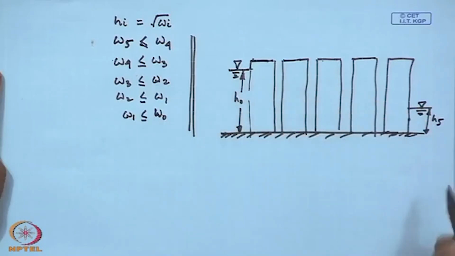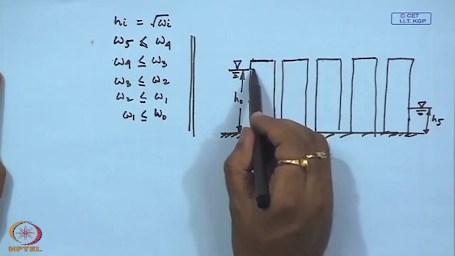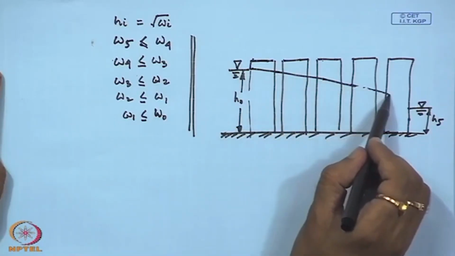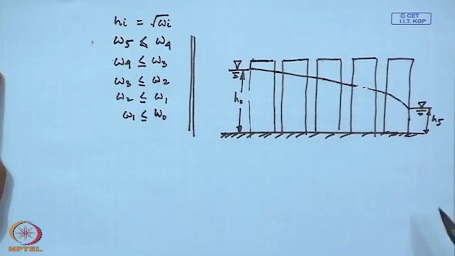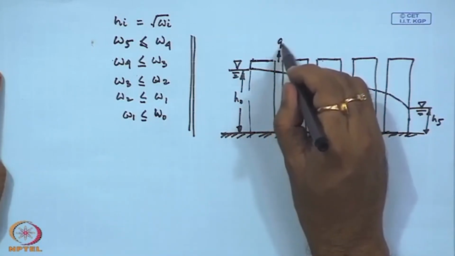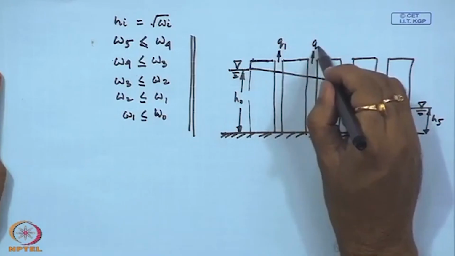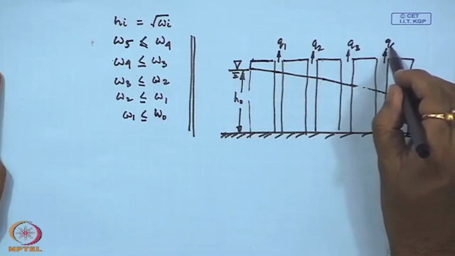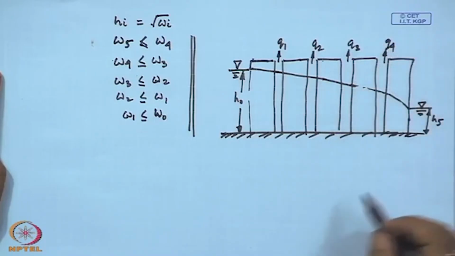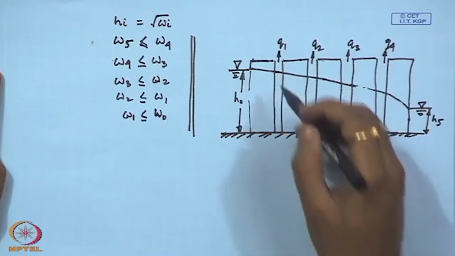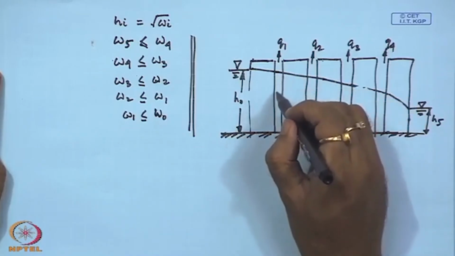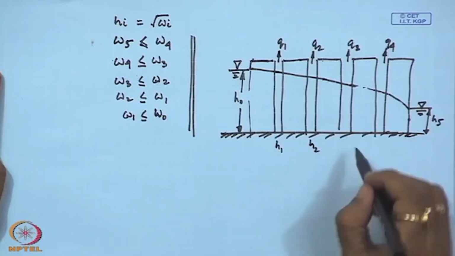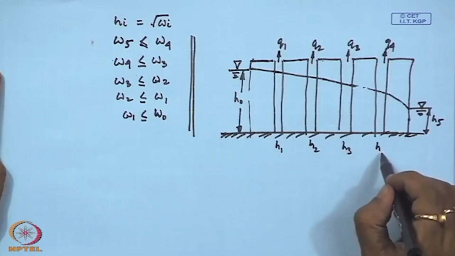So, these are basically specified boundary conditions, or specified head boundary conditions, and we have Q 1, Q 2, Q 3 and Q 4 for this situation. Corresponding to this we have H 1, this is H 2, this is H 3, this is H 4.